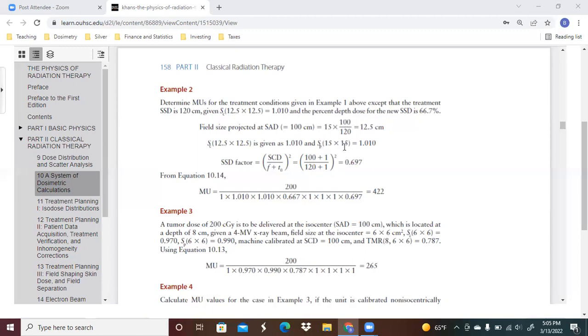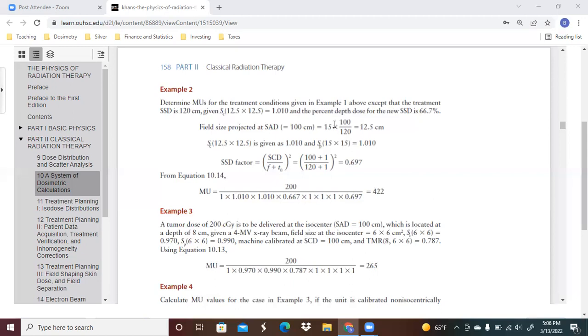You're setting a 15 by 15, but you're setting that at 120. When you set that 15 by 15 at 120, you have to figure out what that length actually is at 100.